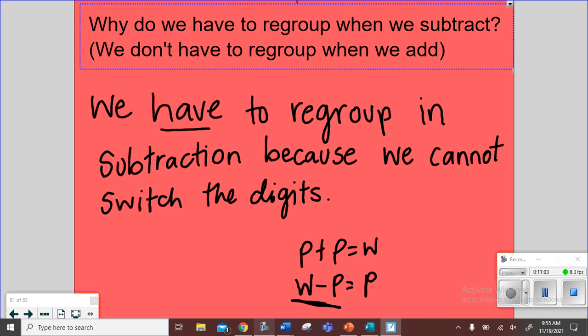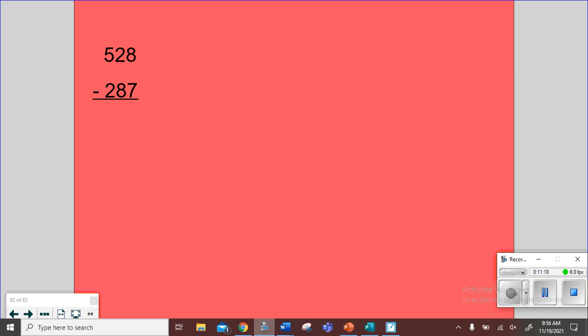The whole has to start at the beginning because that's all my things. So in subtraction, because we can't switch those digits around, that's why we have to regroup. Go ahead and write down that equation and expand it out. I'm going to tell you we're going to need to do some regrouping.